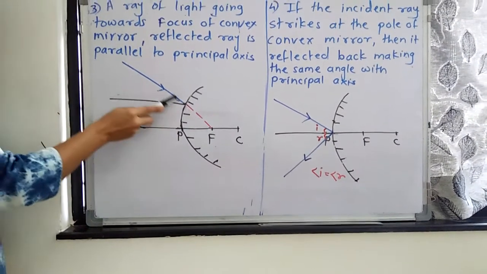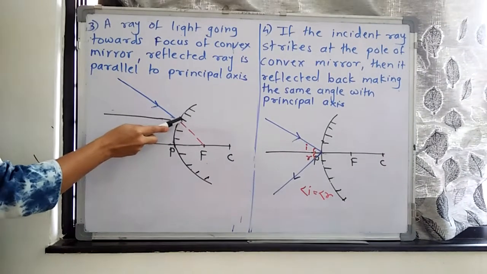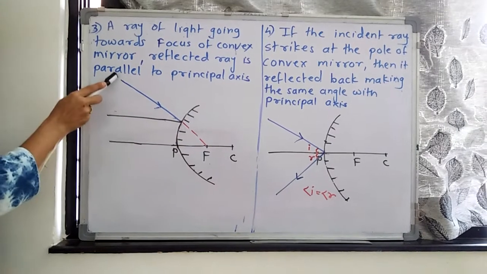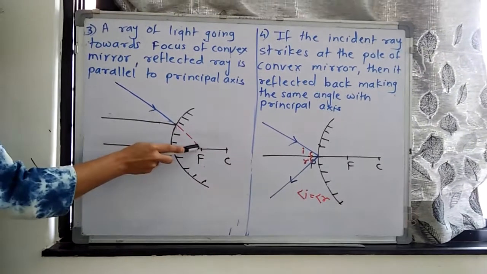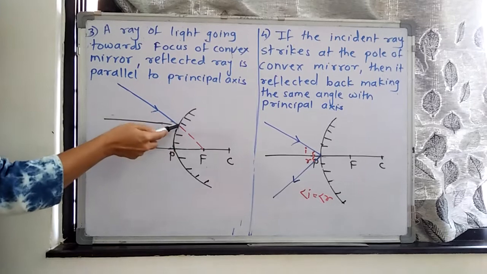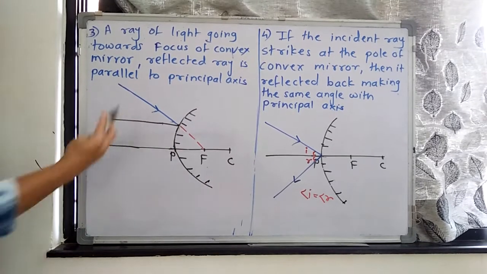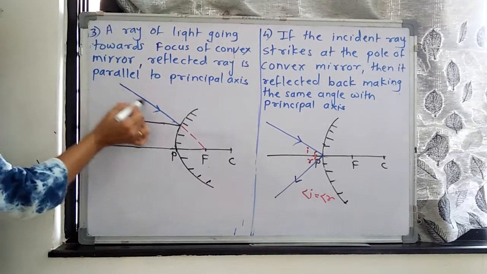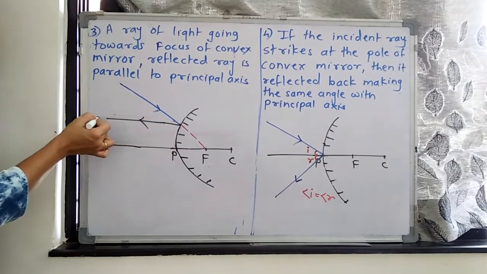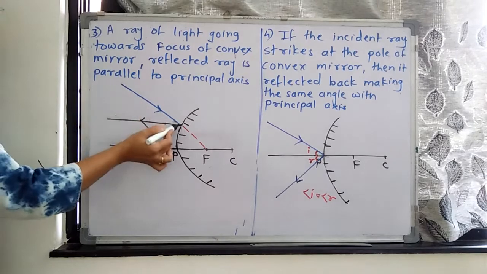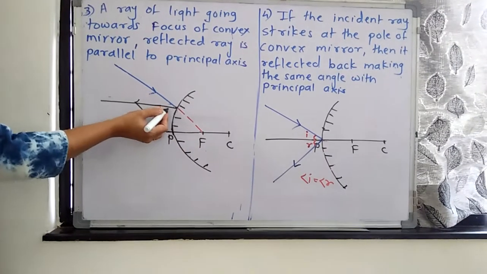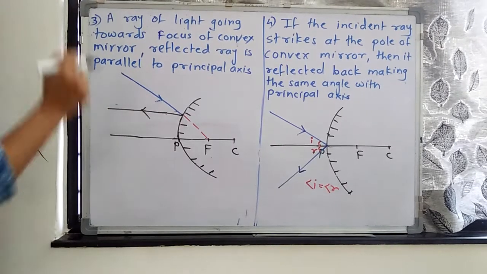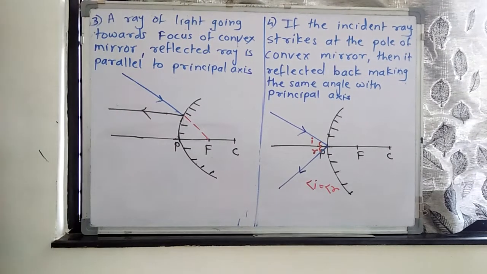It appears to be going towards focus. It is not going inside. It will be reflected back parallel to the principal axis. So this is incident ray and this is reflected ray. If incident ray is going towards the focus, then it gets reflected back parallel to the principal axis. That is the third rule.